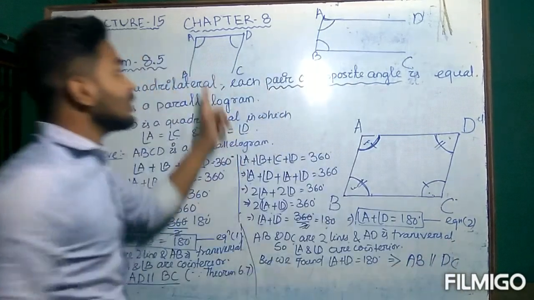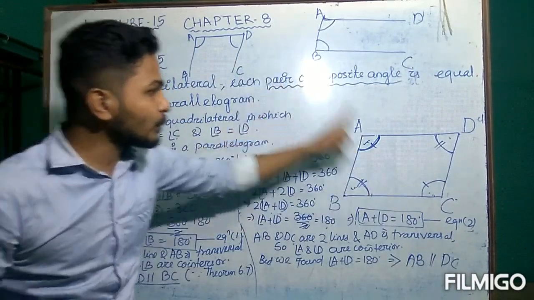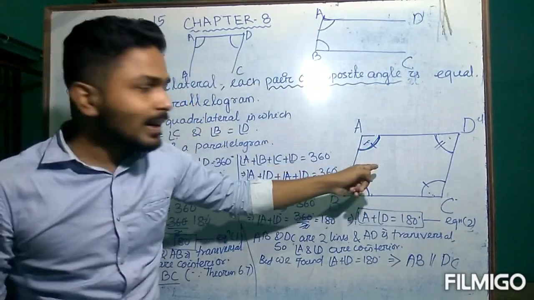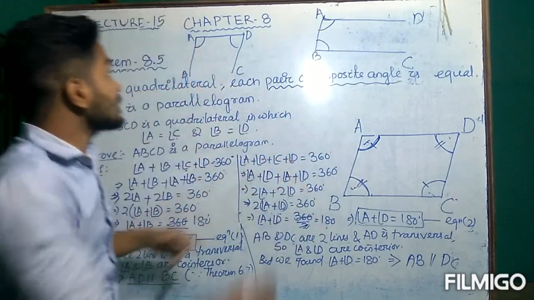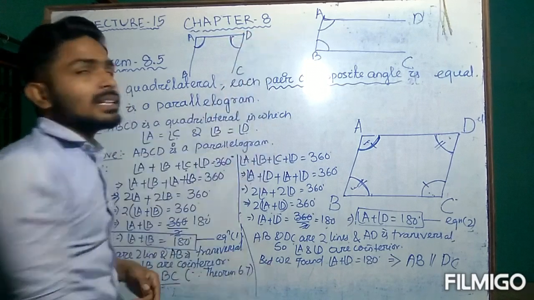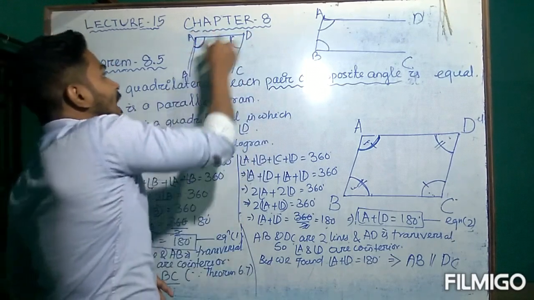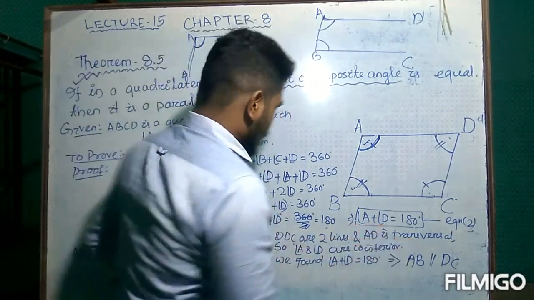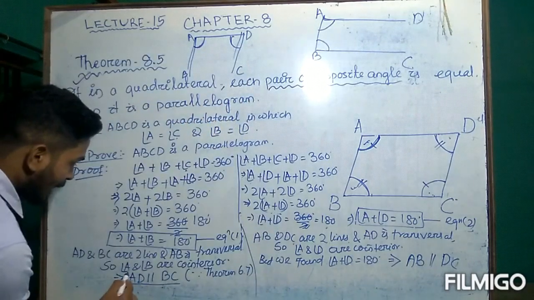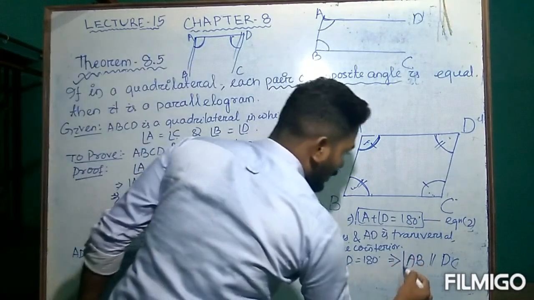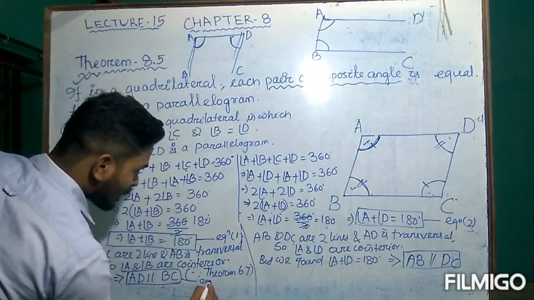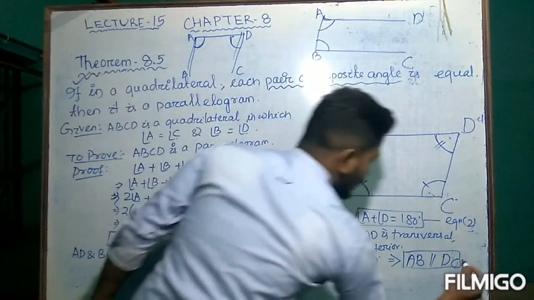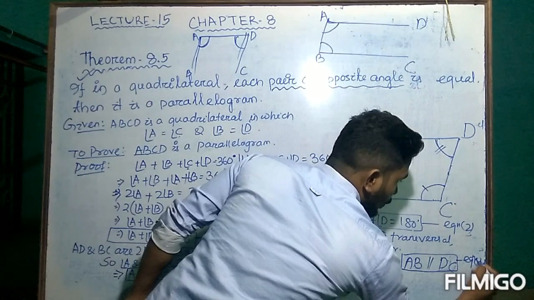So correlate this figure with this figure, don't be confused. For your better understanding, I have drawn this figure. Here we have found that this angle plus this angle is 180 degrees and they are co-interior, and that is why these two lines are parallel. So initially we proved AD parallel to BC. Now we have proved AB parallel to DC. Let's say this is equation number 3 and this is equation number 4.